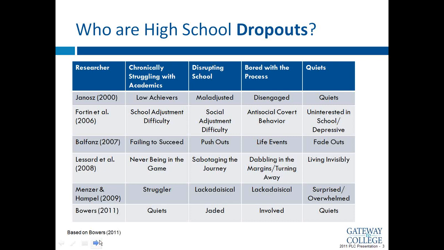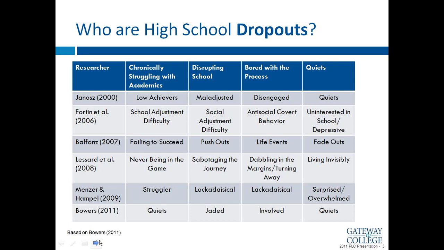Low achievers, the students who were really having academic issues; maladjusted students, you can see the influence of the British English there, students who had a lot of behavioral issues; disengaged students, students who might be doing okay academically but were really pretty bored with school and were not engaging, probably not attending regularly; and quiet, which he described as students who were doing okay and just kind of disappeared off the radar. Students who teachers would be really surprised had dropped out until they realized they hadn't been coming for a while.